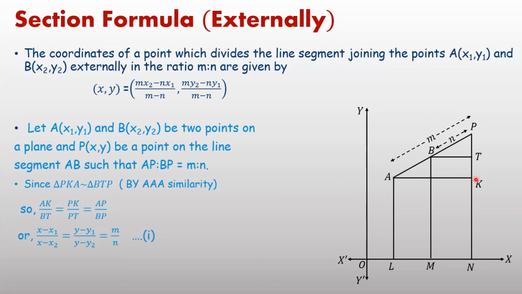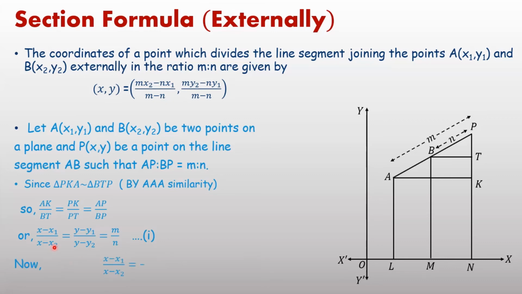Now AK is the same as LM. Here, the value of ON is x, minus OL which is x1, so x minus x1, upon BT. BT means MN, which is equal to x minus x2. Similarly, the second term, y minus y1 upon y minus y2, equal to m upon n.